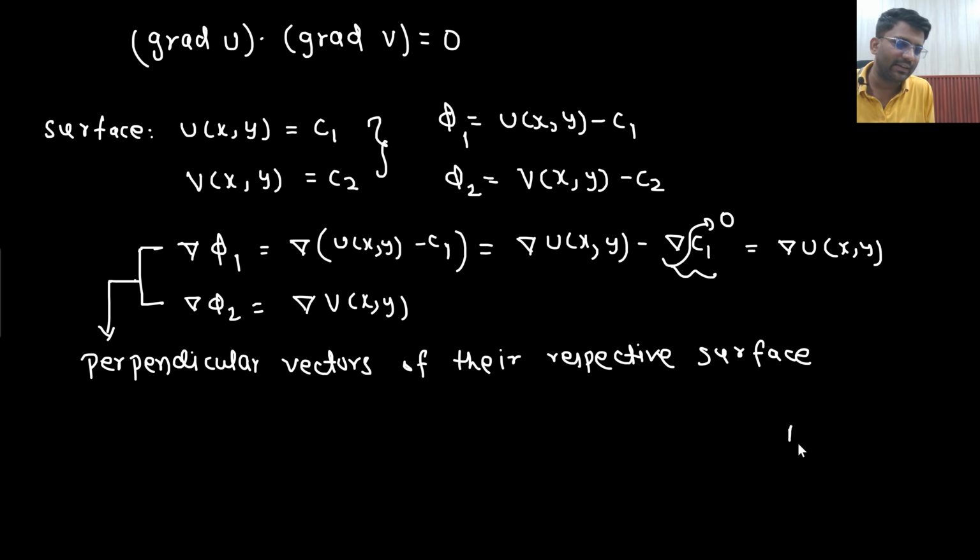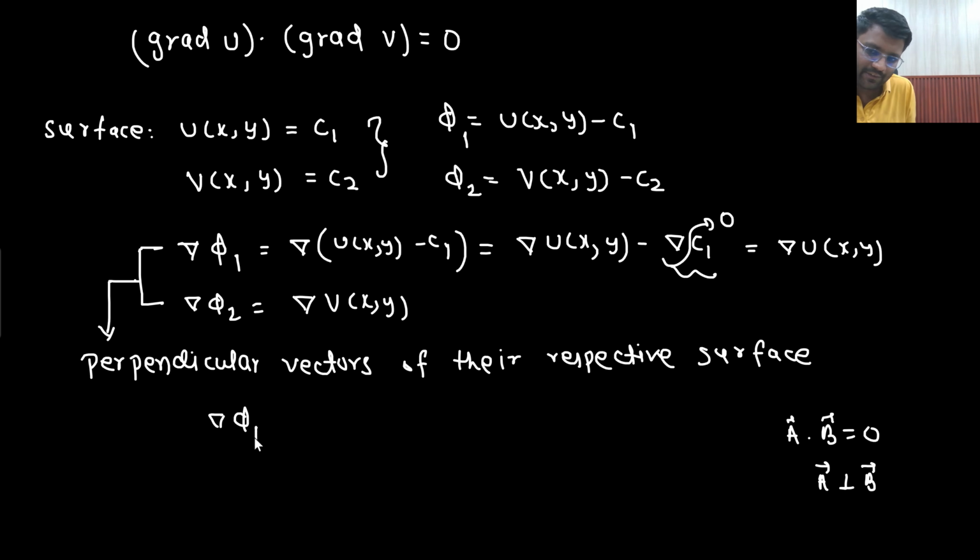And if I say two vectors, vector A dot vector B is 0, what does that mean? That means they are perpendicular to each other. So similarly, here del phi1 dot product with del phi2 will come out to be 0. That means they are perpendicular to each other.